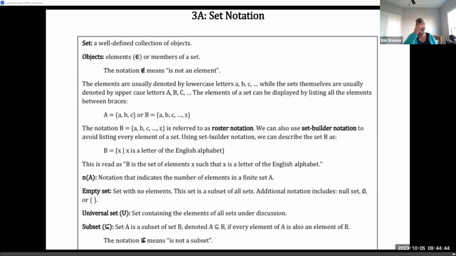The first thing we look at here in this box is the definition of a set. What is a set? A set is a well-defined collection of objects. So when you're describing a set, you want to define it well. If I were to try to describe our class, I would say, oh, they're Math 94 students. Well, that's not a very good description of our specific class, right?